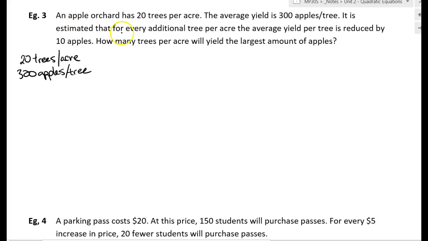It is estimated that for every additional tree per acre, so we're adding trees, the yield per tree is reduced by 10 apples. Minus 10 apples. How many trees per acre will yield the largest amount of apples?